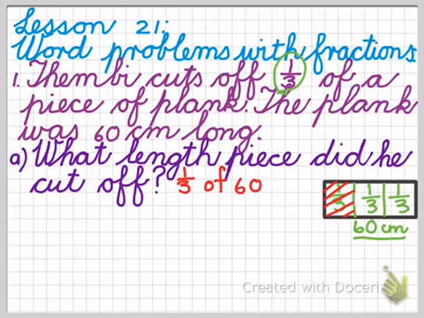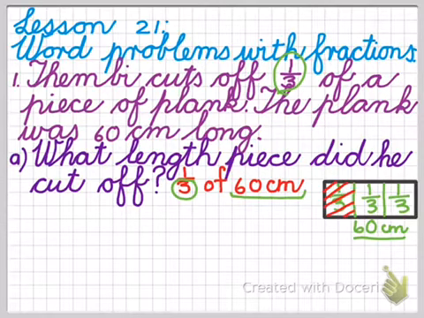If you remember what we've done already with our fractions, when we want to find out what the fraction of a length, or of a number, or of objects is, we have to look at our denominator. And the denominator of our fraction is a 3. Remember, that means that the 60 centimeters had to be cut into 3 pieces.